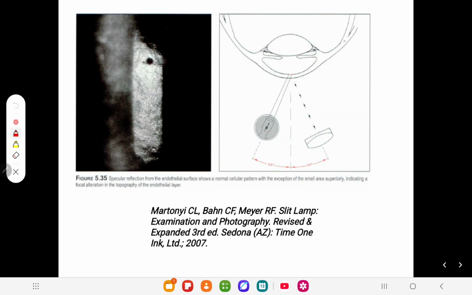So see, at this particular point, angle of incidence is always equal to angle of reflection, 25 degrees. And from the posterior segment, you see all these hexagonal cells, and there is a dark dot. Why is it a dark dot? From all this area, light is reflected and comes to the microscope, basically the eyepiece.